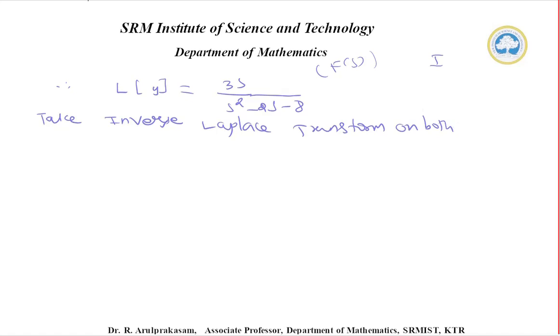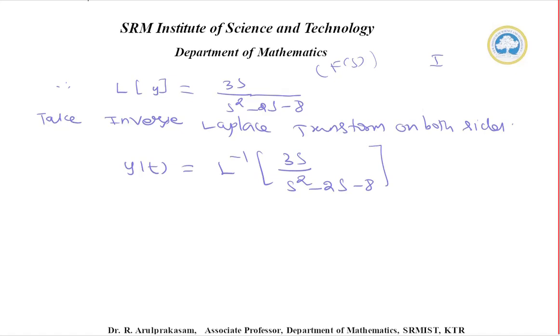Taking the inverse Laplace transform, L will cancel, so I am getting y of t because y is a function of t. So L inverse of 3s divided by s square minus 2s minus 8.